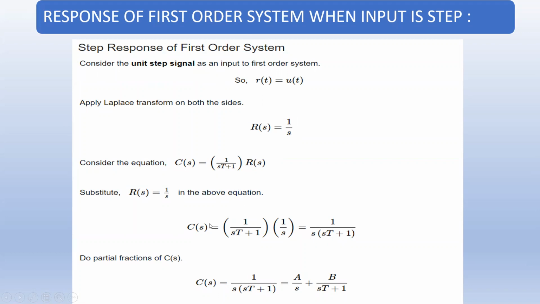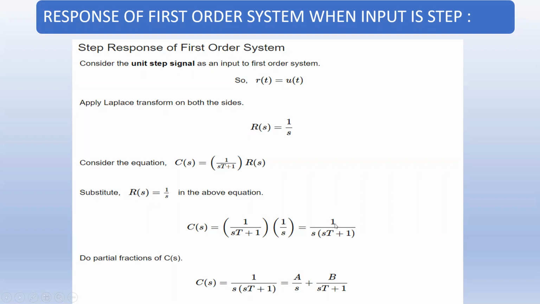We need to transform this into the time domain, so we need to apply the inverse Laplace transform on both sides in order to find the time domain equation of this output signal. But we cannot apply it directly.